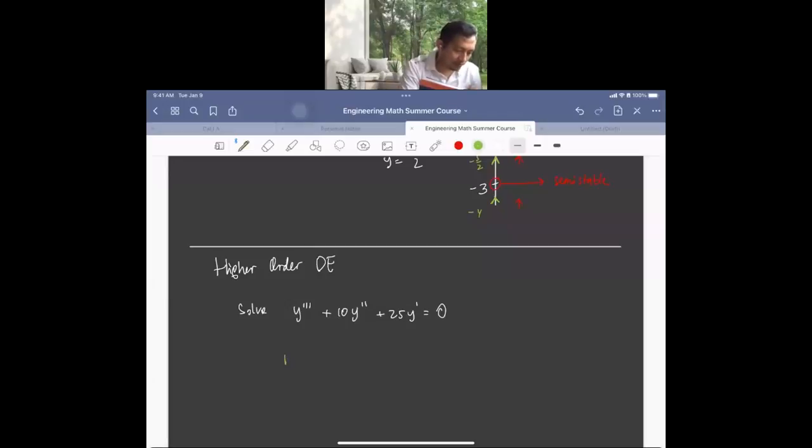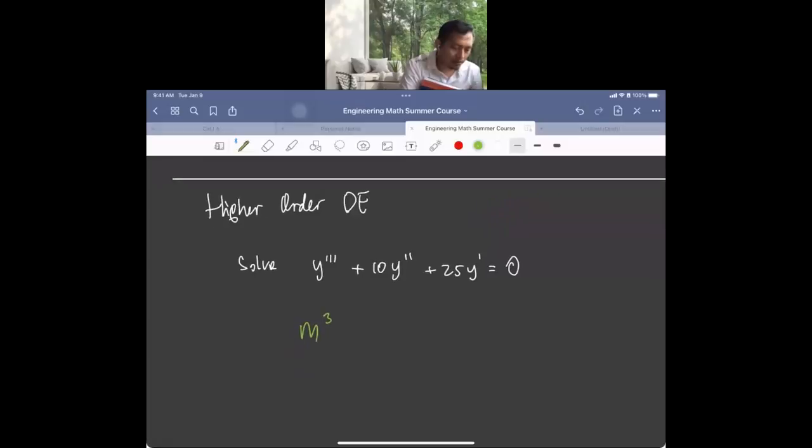So basically, this can be made into, let's say, m. You can use any variable for the equation, but I will just use m, and then plus 10m squared, and then plus 25m. And for this homogeneous, we can solve by finding the roots, right?